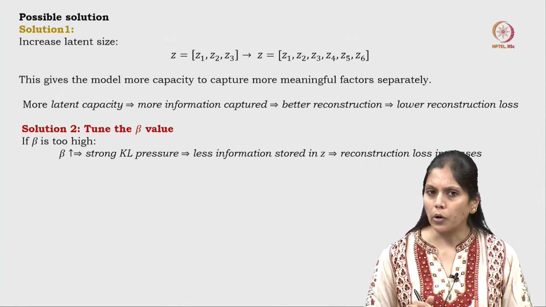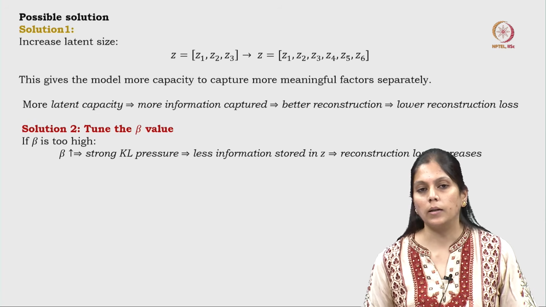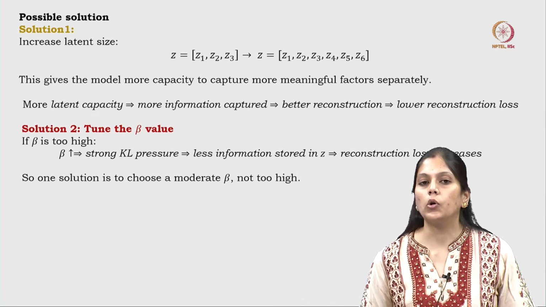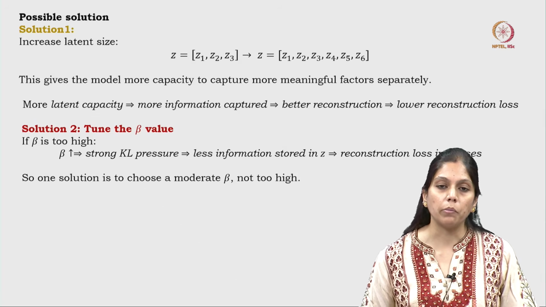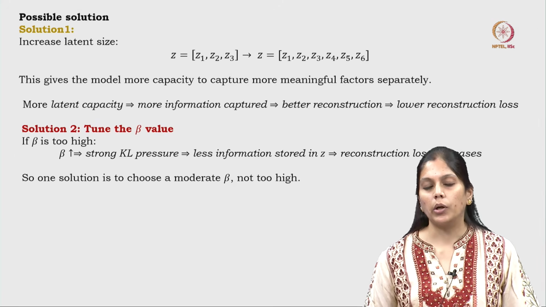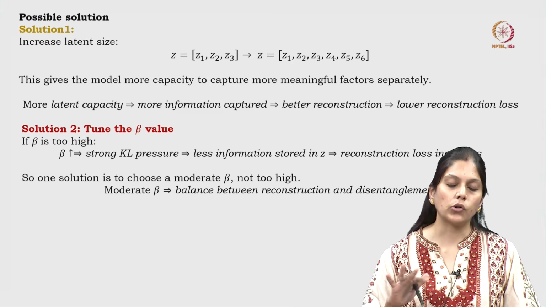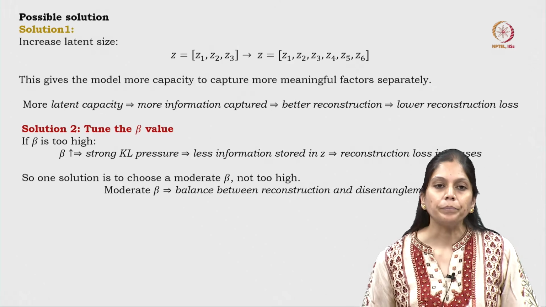So this also cannot be the solution. You cannot have a very large beta value. What is the solution here? One solution is to choose a moderate beta, but not very high. Once again it is a hyperparameter, so keep changing the values and you will be able to get a balance between reconstruction and disentanglement.